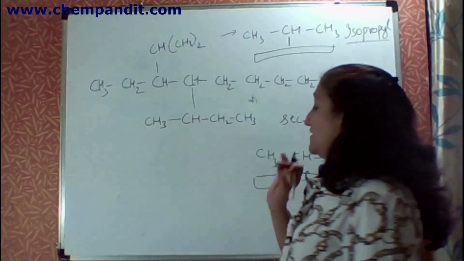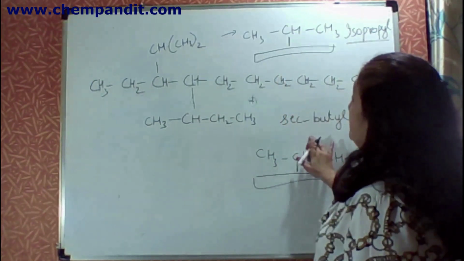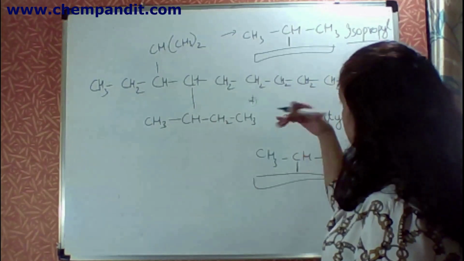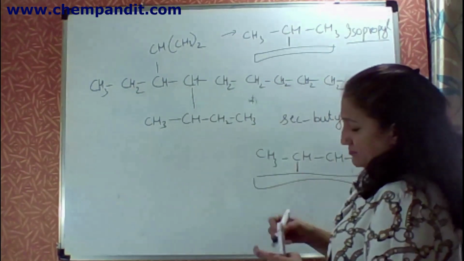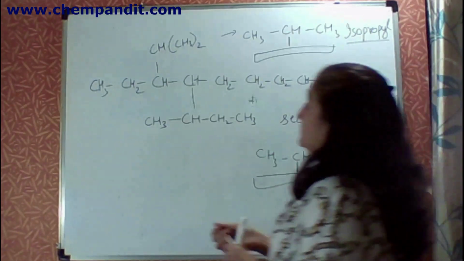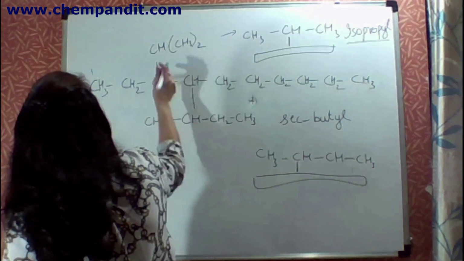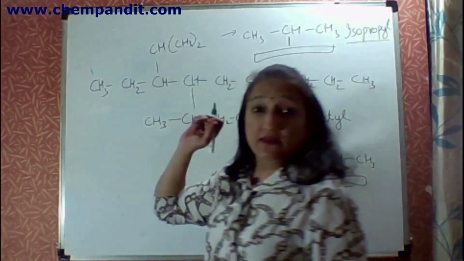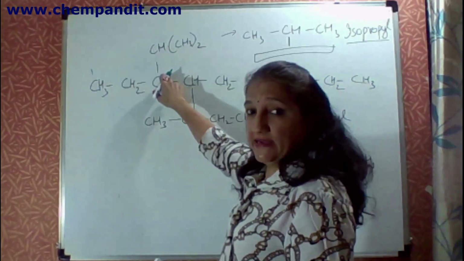Clear? We can also do one more thing. Let's number the chain now. Up till now we have become experts that we will start numbering from left to right. Why? Because the substituent group is falling on carbon number 3, right?